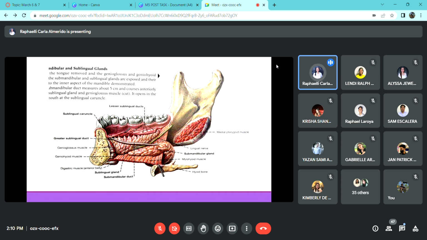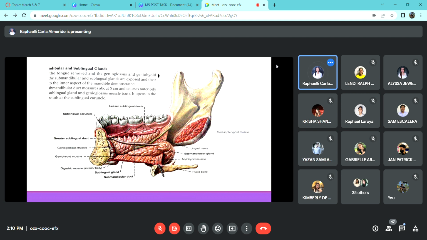Again, for parotid, it's serous. Okay, for submandibular, it's a mixture of serous and mucus. Okay, and the location is found partly in the submandibular fossa below the mylohyoid muscle and partly on the floor of the mouth.